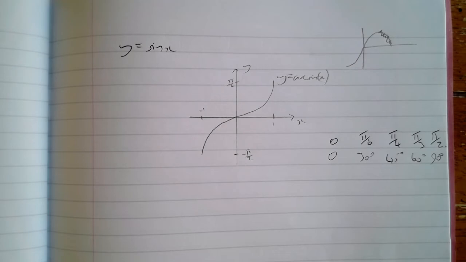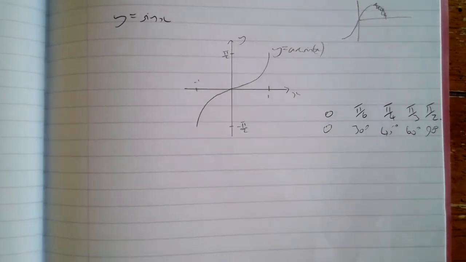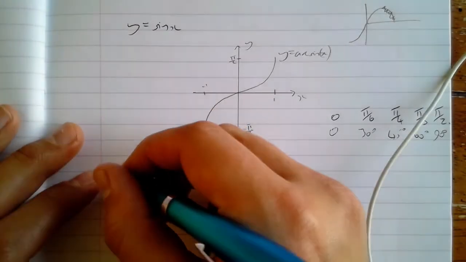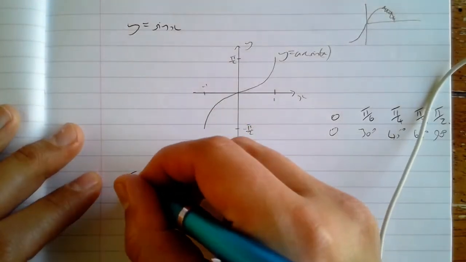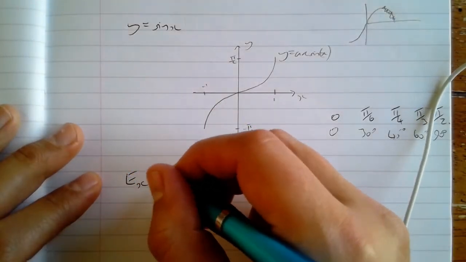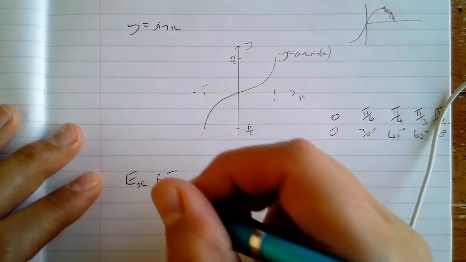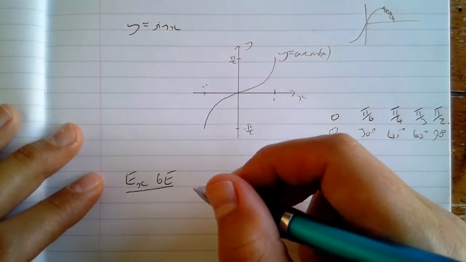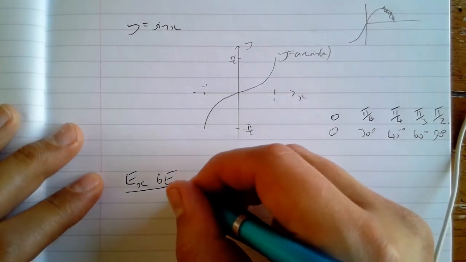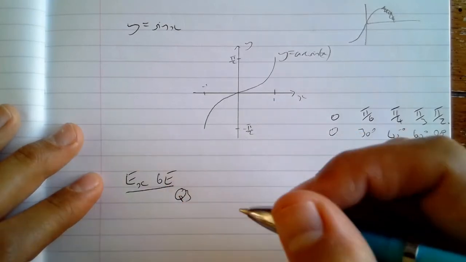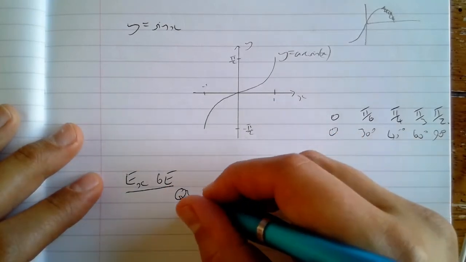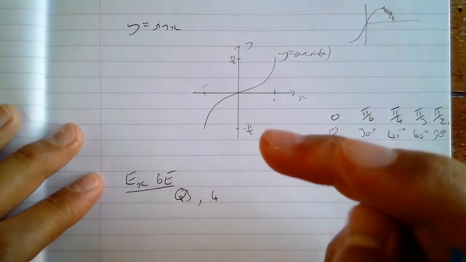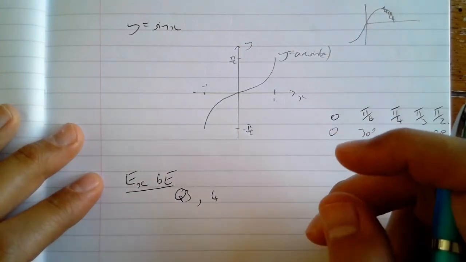So what I'd like you guys to do is actually just do some practice with some of these bits on the next page. So can you have a go at exercise 6e. Don't worry about doing question 1, that's a bit daft to say the least. So please do question 3. Question 4 as well.